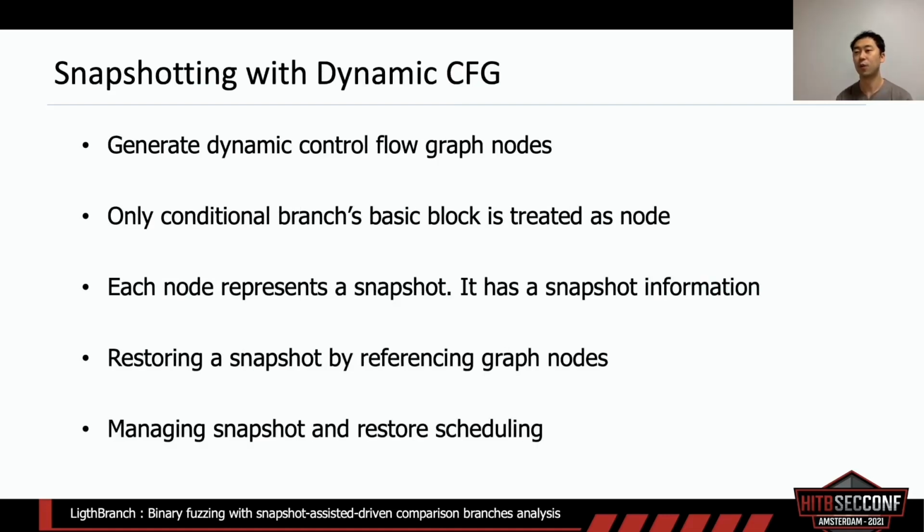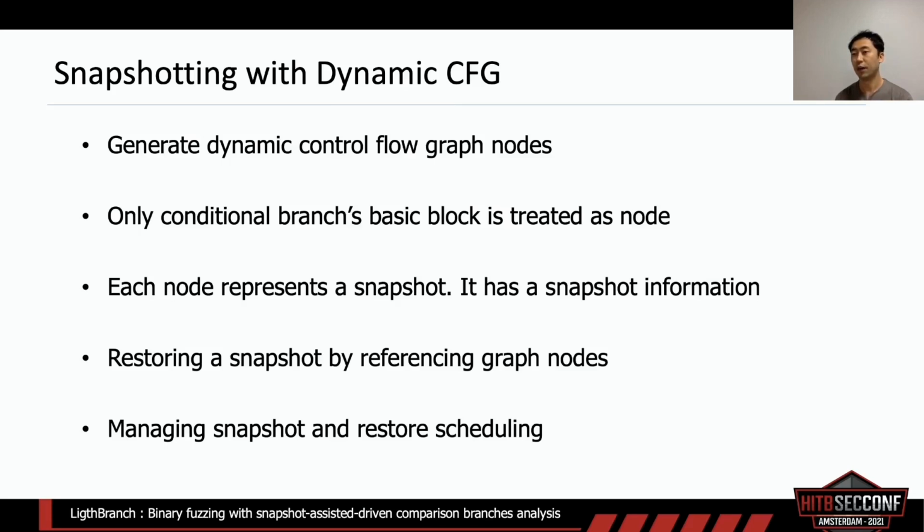Okay, now let's go over the snapshot mechanism for input generation. As I said, Lightbranch uses the dynamic control flow graph constructor to create the snapshot. It generates control flow graph nodes representing code paths actually executed. But we don't generate every executed block.